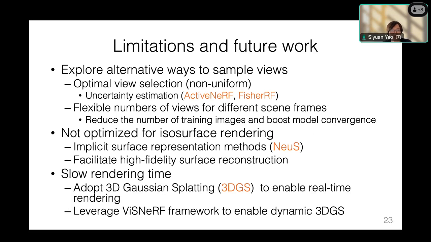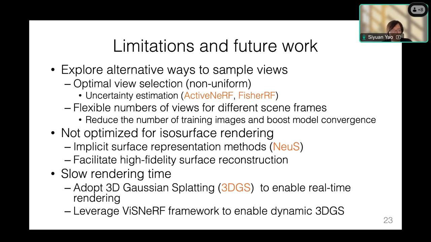First, when we select sampling views, we do not consider optimal view selection, which potentially would improve the training and generation quality. We also didn't use a flexible number of views for different scene frames, which potentially could reduce the number of training images and boost model convergence because we're using a smaller training set.